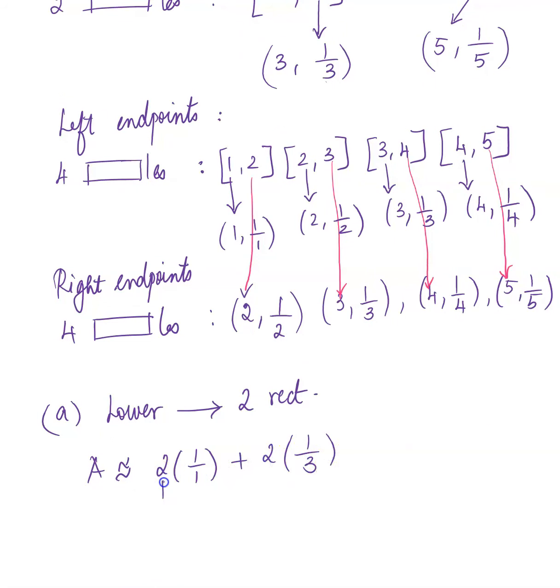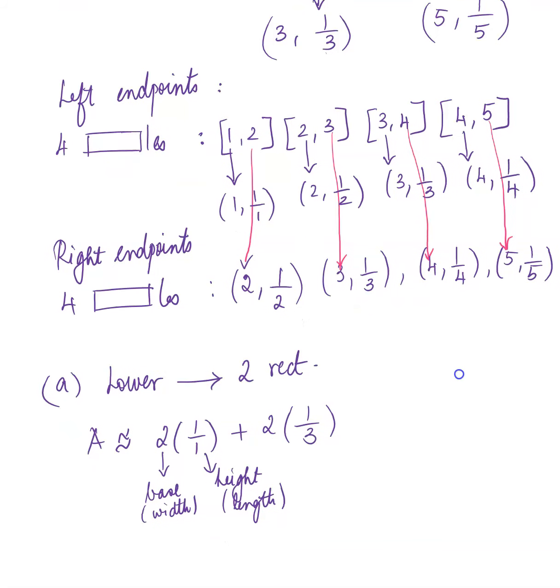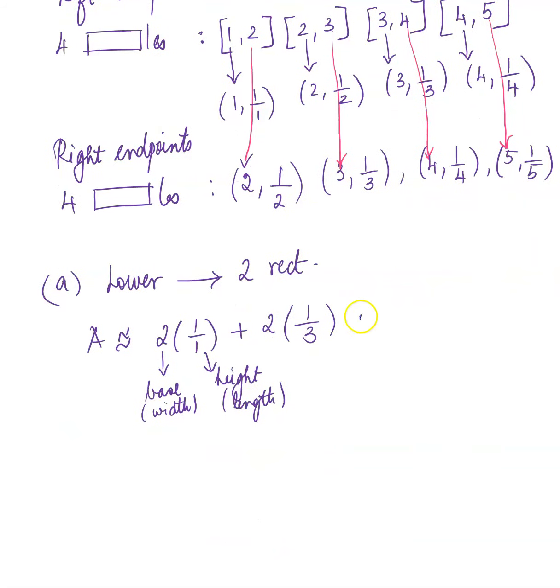Okay, that's the width. We were calling it the base, right? And this is the height. You can do base times height or height times base, it doesn't matter because multiplication is commutative. So that will give us 8 over 3.